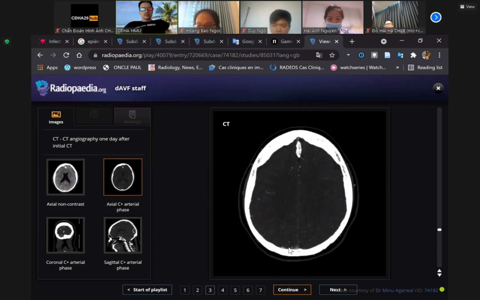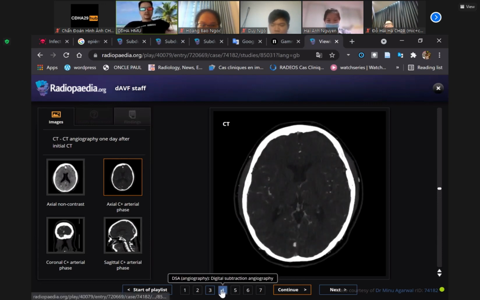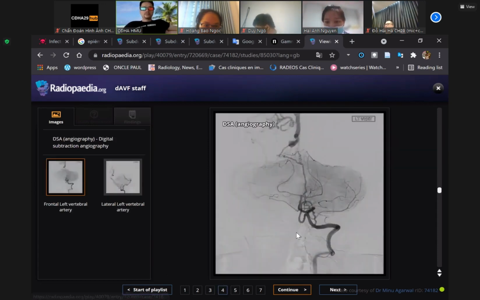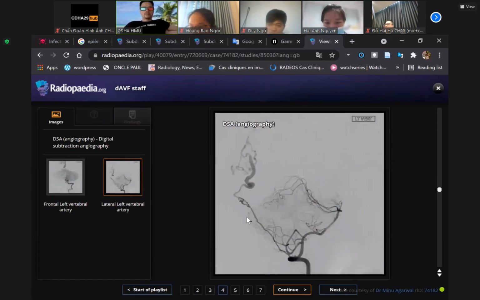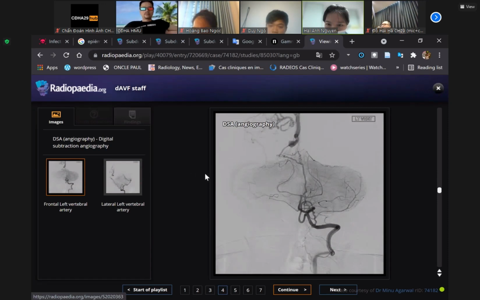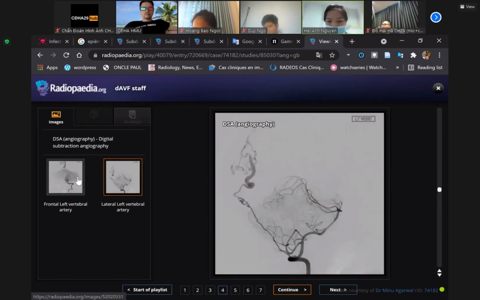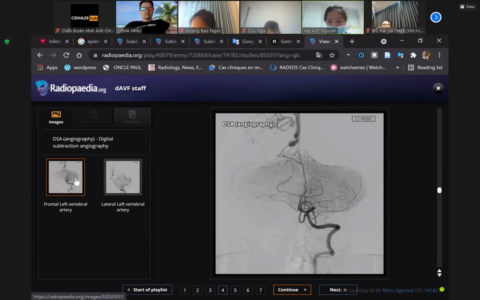Okay, now take a look at the DSA. On DSA we could see the reverse flow to the... come back to the posterior part of SS.